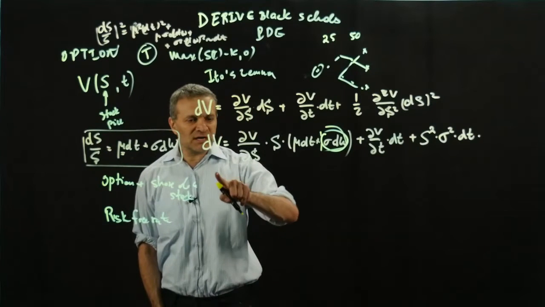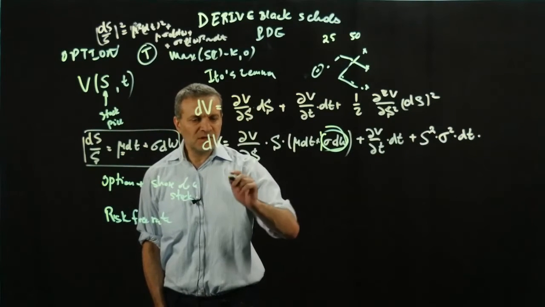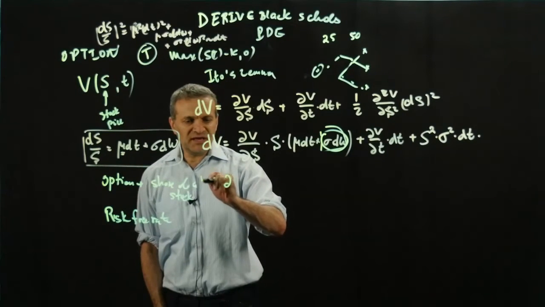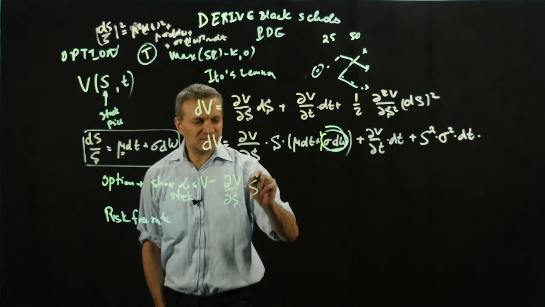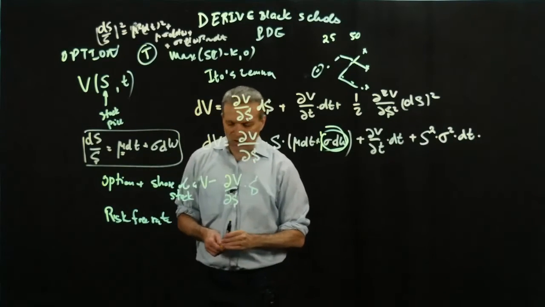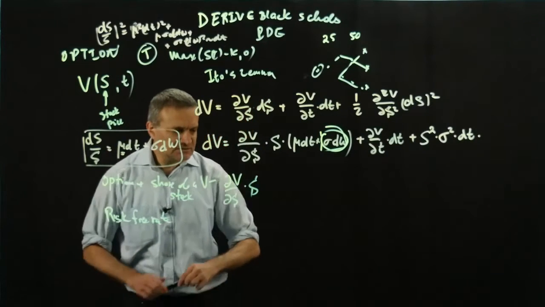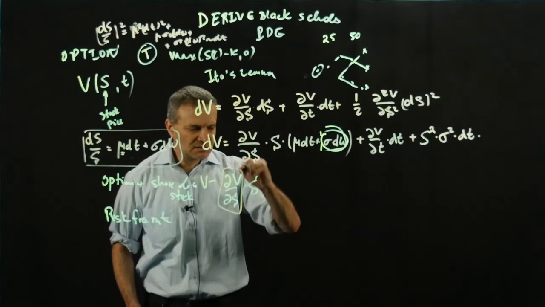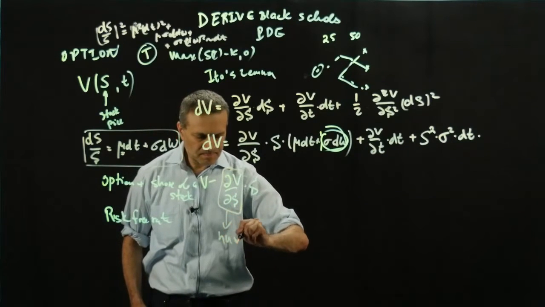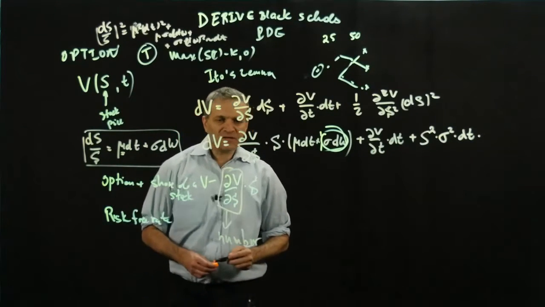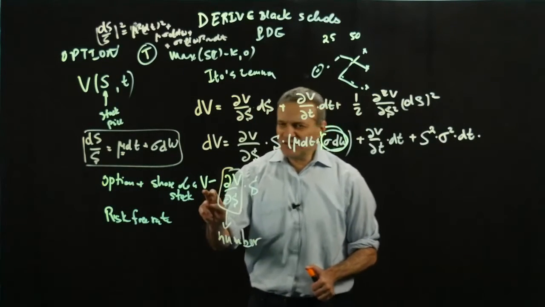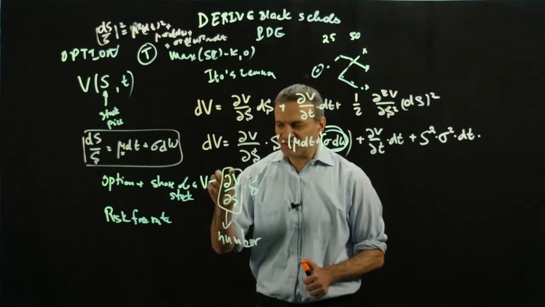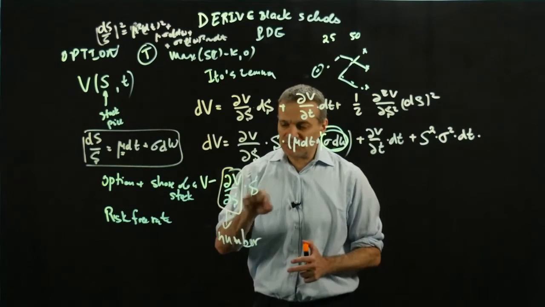You can look at a portfolio where you have your V minus dV/dS times S. Now, this is a little tricky because this is a number. So we are going to consider this portfolio. V is the value of the option, which you quote-unquote don't know, but you know this.